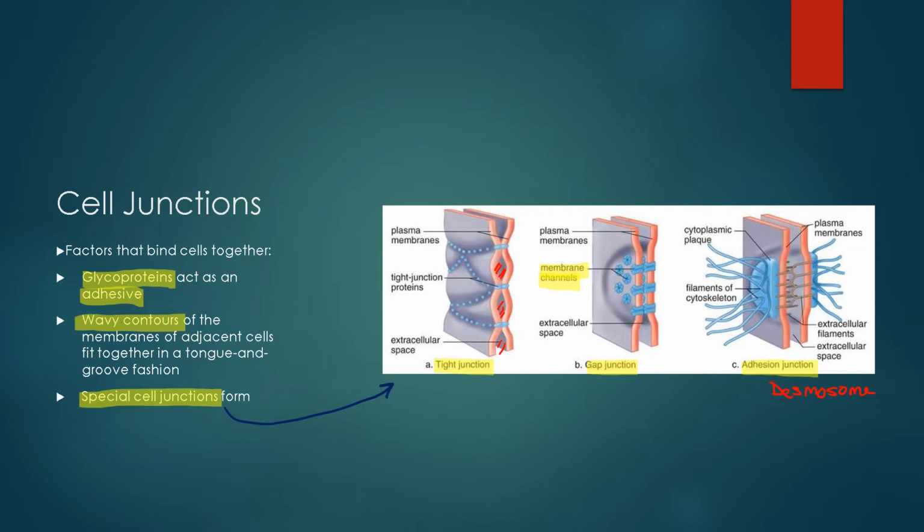So it has these little extracellular filaments that Velcro these cells together and are anchored on the inside by these filaments and also by plaque. So just a couple different ways that cells are held together here.